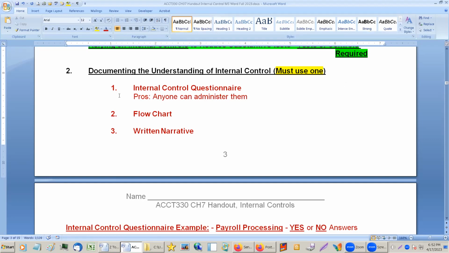A pro is that anyone can administer them. It could be your first day on your first audit, and they can hand you the internal control questionnaire and say, here, go meet with Sandra, she's the one you're going to be talking to about this. Take this questionnaire and go through it with Sandra, and you do. It could be your first day on the first audit you ever had. So anyone can give these.